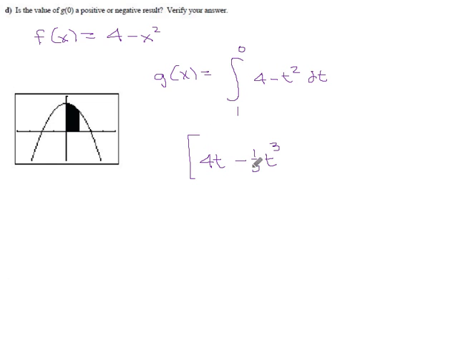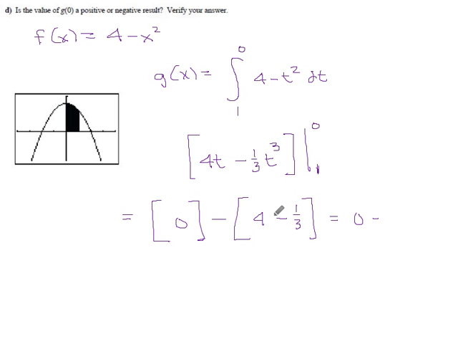So that's our antiderivative, and we're evaluating that from an upper bound of 0 and a lower bound of 1, which means first I take this antiderivative and plug 0 into it, which means 4 times 0 minus a third of 0 is 0, minus, and now I do the same thing with 1, where I get 4 times 1 minus 1/3 of 1. So we get 0 minus 4 minus 1/3 is 11/3. Comes out to negative 11/3.